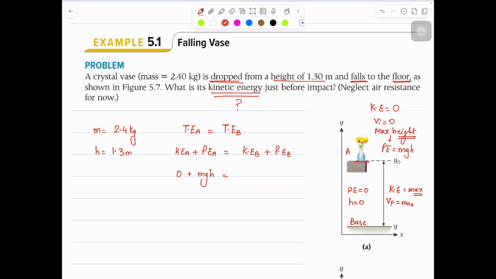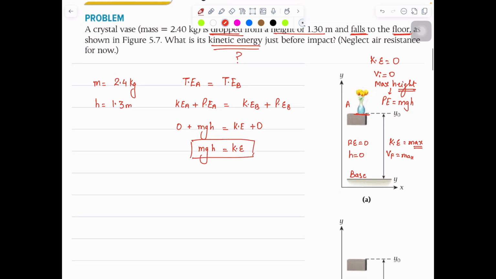At point B, kinetic energy is maximum and potential energy is 0. So can I say mgh is your kinetic energy? Clear? Now place the values and you will get the answer.